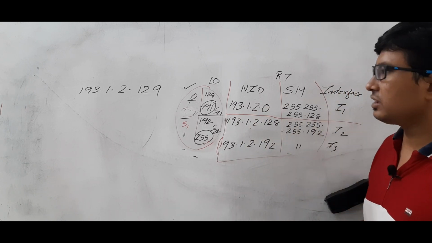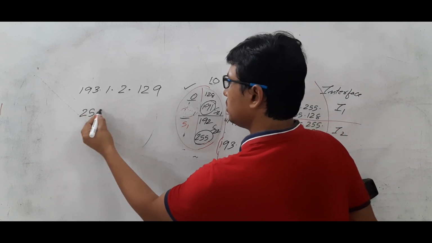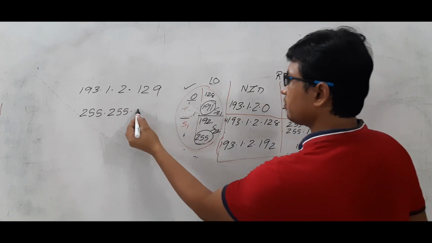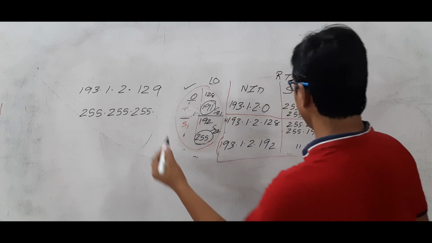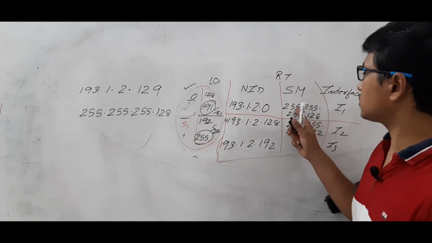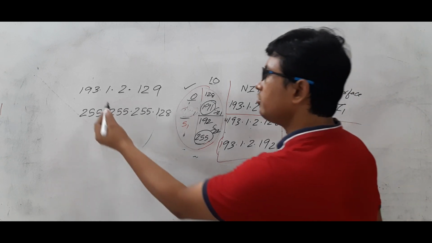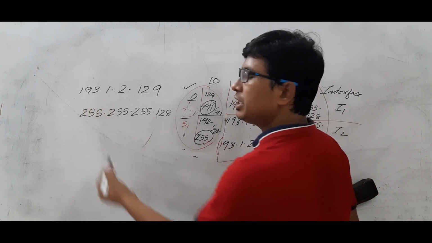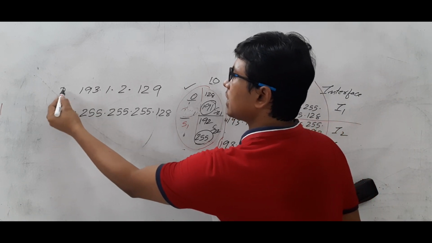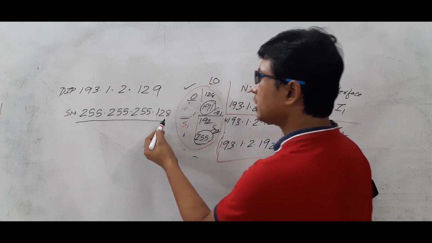First it will take this subnet mask, 255.255.255.128. Am I right? And it will perform the bitwise AND between the subnet mask and the destination IP address.